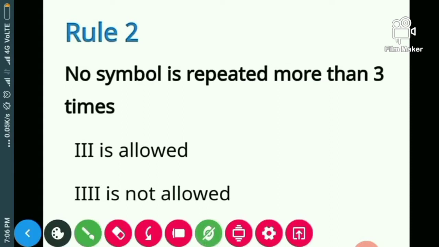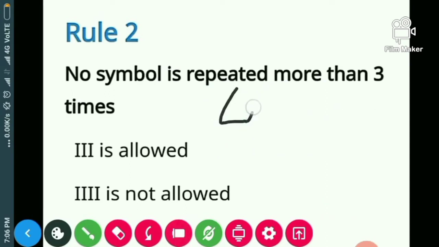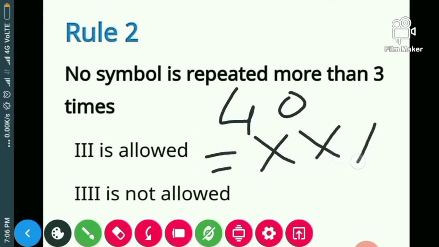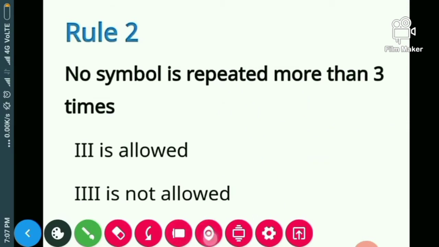Now you will write 4 as IV. Clear? If you want to write 30, you will repeat X 3 times. But if you want to write 40, you cannot repeat X 4 times. Clear? It is wrong. How can you write it? XL. This is right. Hope it is clear to all of you.